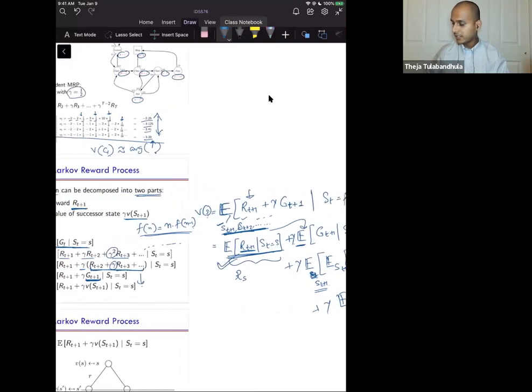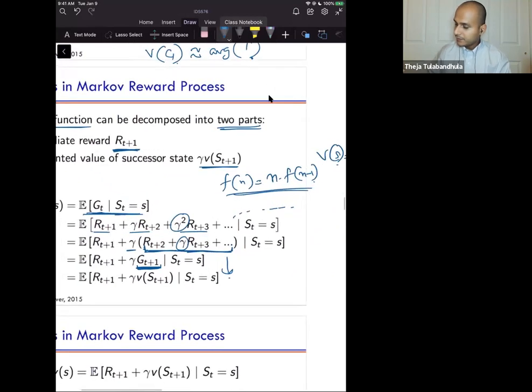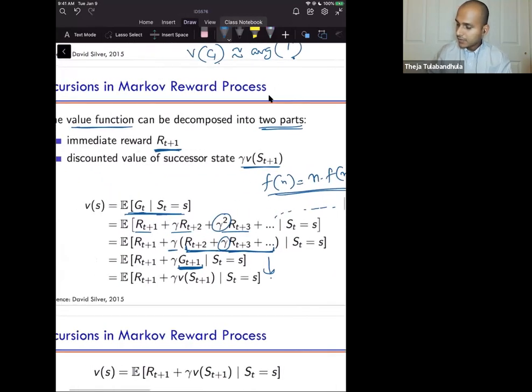So now let's come back to here. If you didn't follow, all I'm trying to say is that this value function at a given state is the average of the immediate reward R_{t+1}. The value at the state S_t equal to little s is the expectation with respect to the immediate reward plus the value at the future state, but the future state is a random variable.